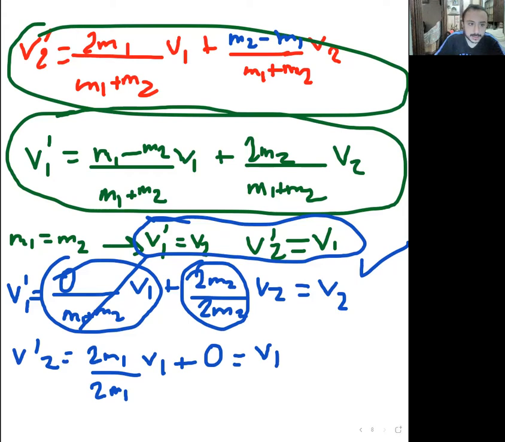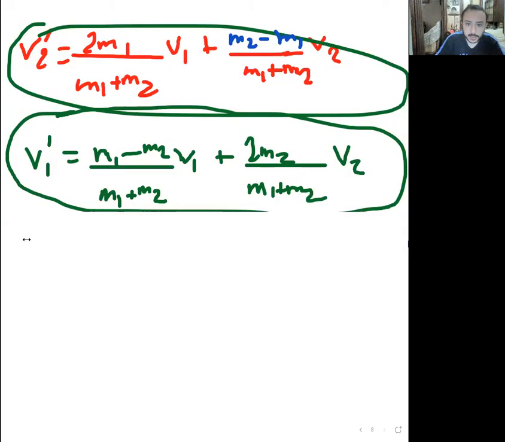Another case, I will take another case now. If the second body is at rest, what does that mean? You have two bodies, body 1 and body 2, but body 1 is moving with velocity v1, and the second body is fixed. It's not moving, so the velocity v2 is 0.